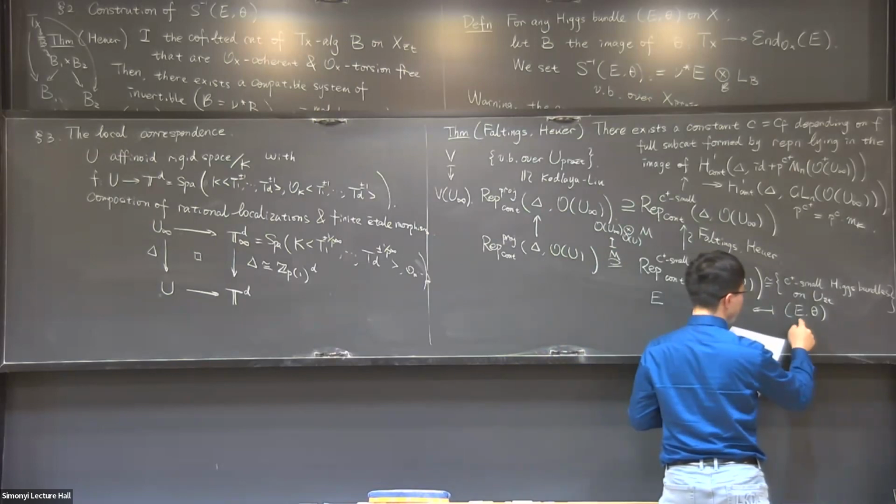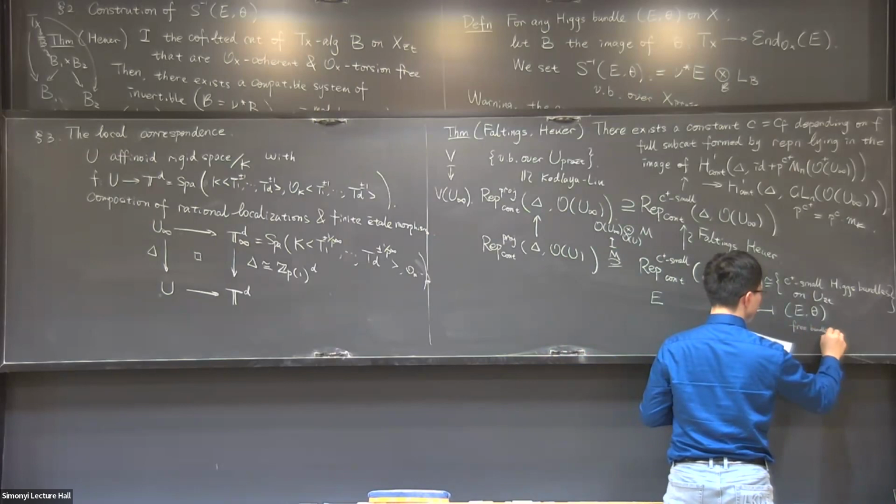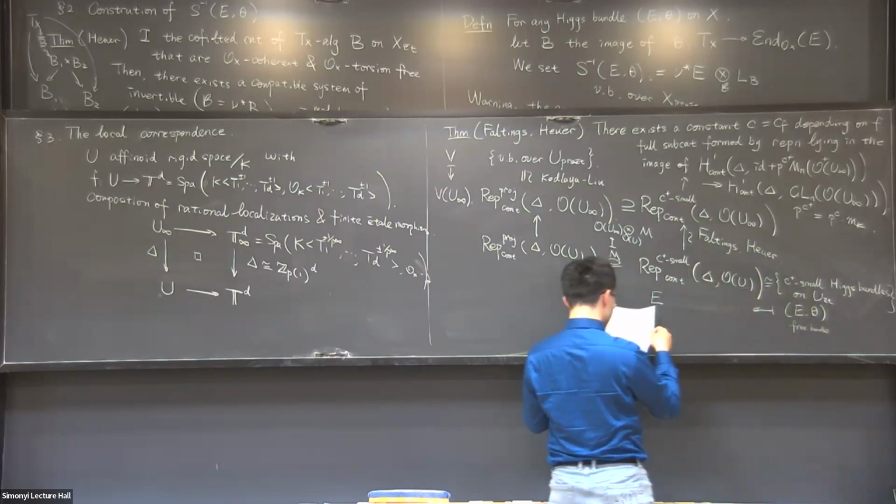So here E is a free vector bundle. But this is the definition of smallness.